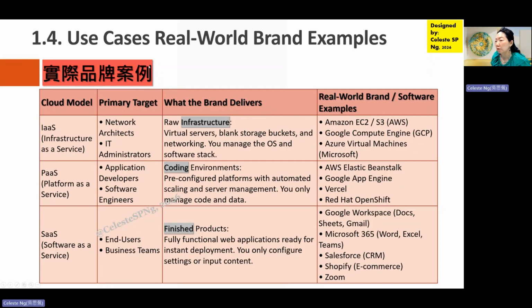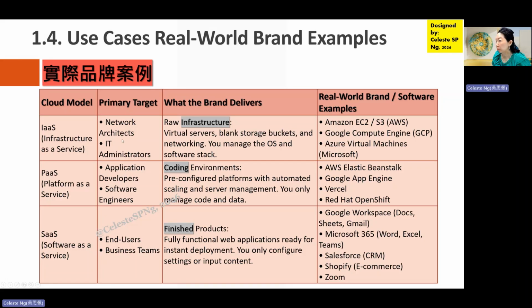And then here we can see that for each of these service models, who are the TA, the primary target audience, and then what the brands are. What I mean by brands is the vendor, what the vendor or the cloud service provider delivers.